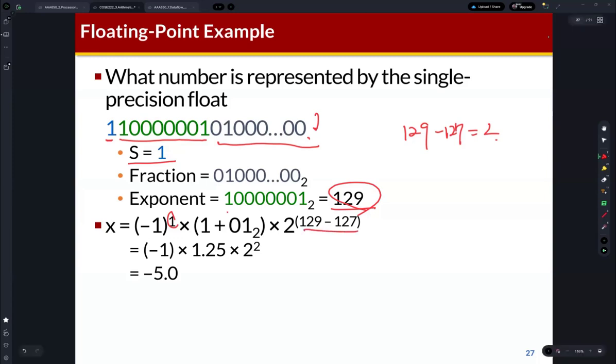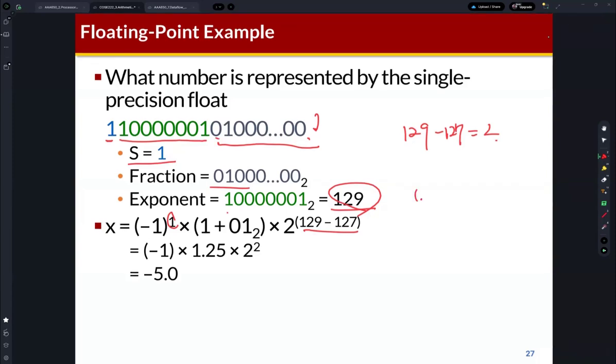The fraction part is 0, 1, 0, 0, 0, so it's 1.01. The 0.01 means 1 over 4, so it's 0.25.